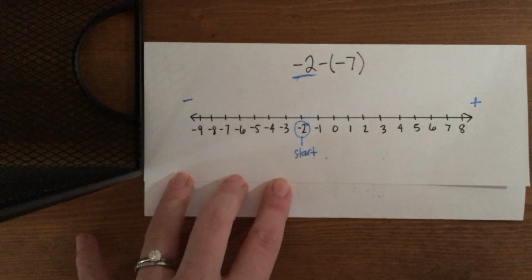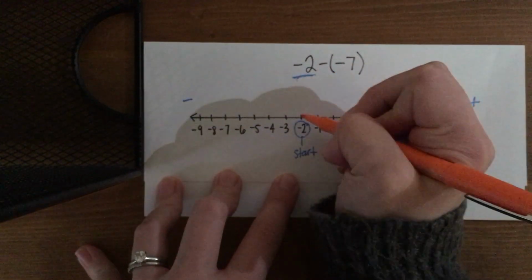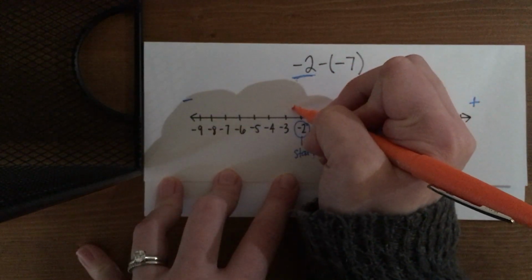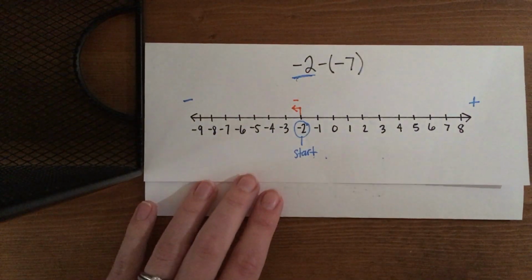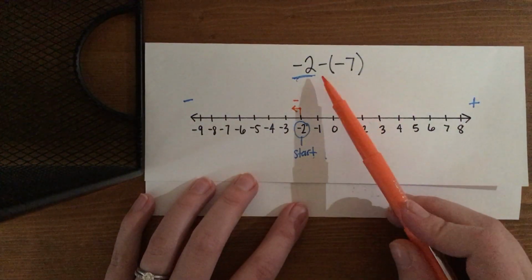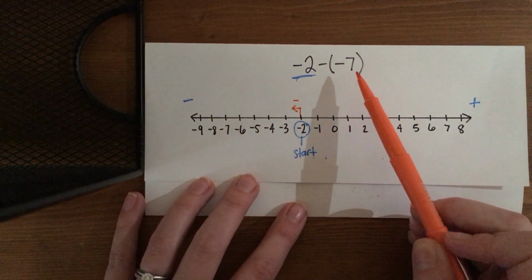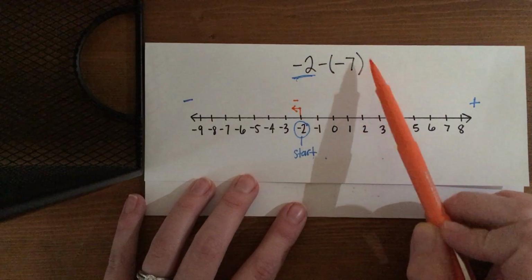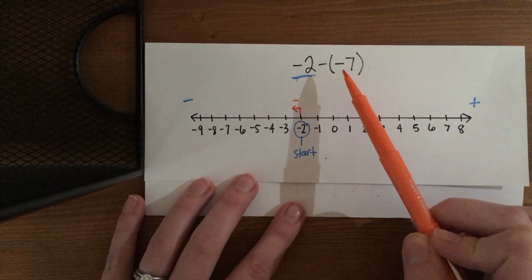The first thing that I would say when I see this is I see that subtraction, and I know that subtraction means I am moving to the left. That's what we've been doing. But what we have to remember is we moved to the left when we were subtracting a positive number. And that positive number and the negative number here, it makes a big difference that it's a negative number.